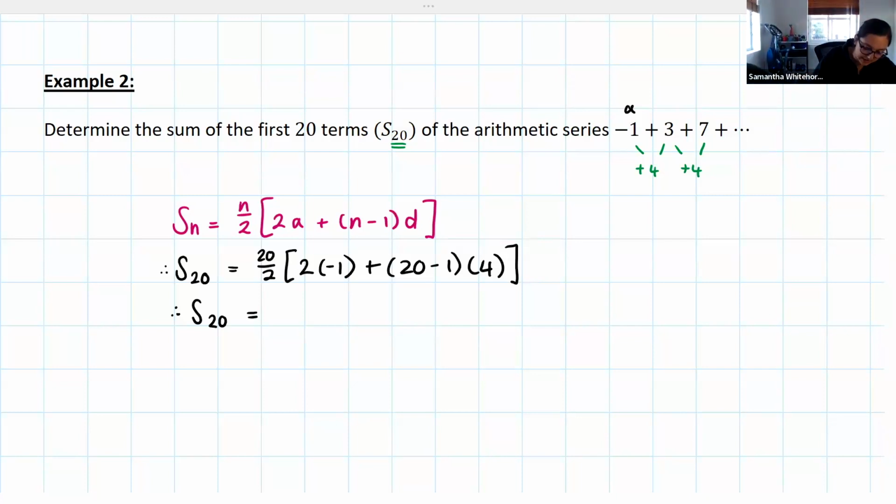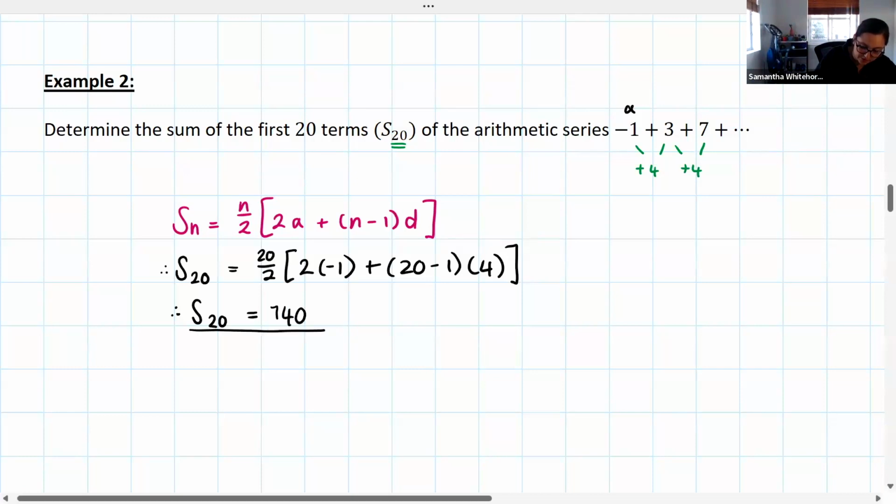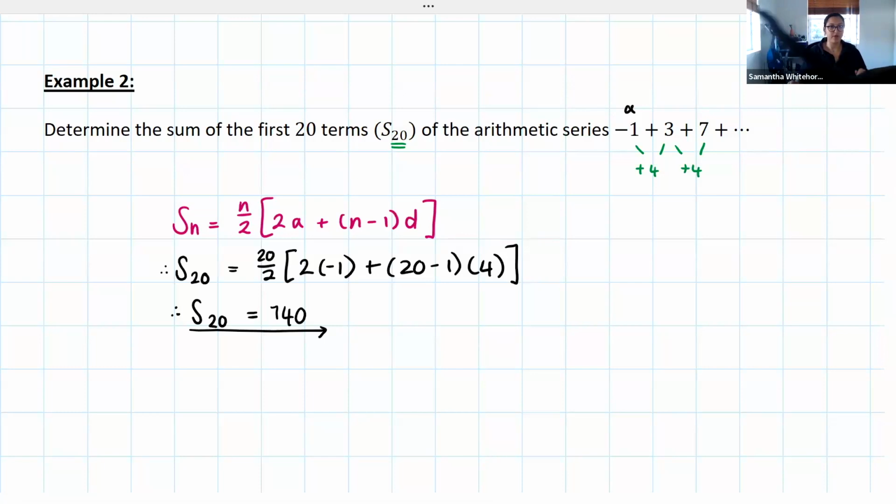Amazing. Okay, exactly. The sum is 740. Right, so 740 is the sum of the series. And again, it's just substituting onto your calculator. All right, nothing too tricky.